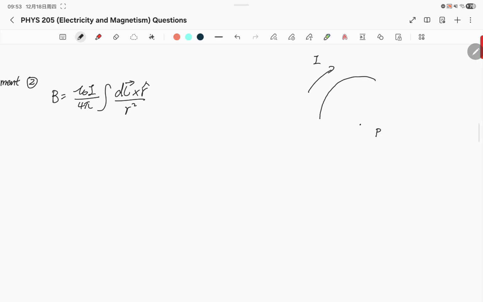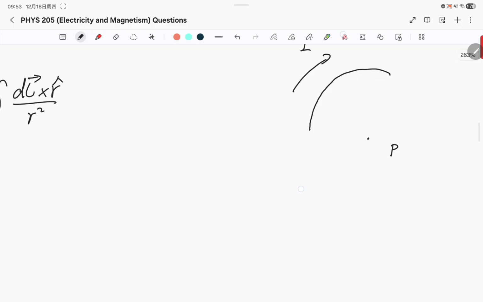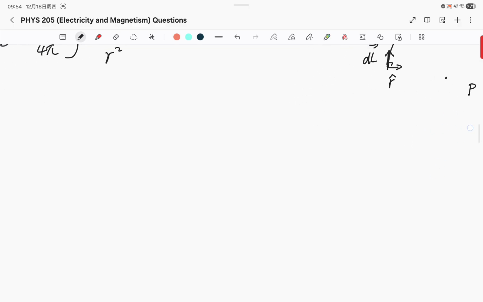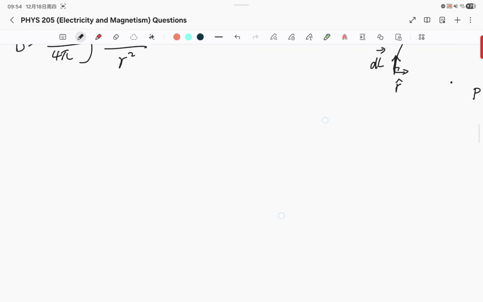Now, let's draw dl. Where is dl? dl is a very small section on the arc. This is dl. And what is r hat? r hat points from dl to our point. This is r hat. And they are perpendicular. So we got sine 90, which is not 0, which is 1. That's good.